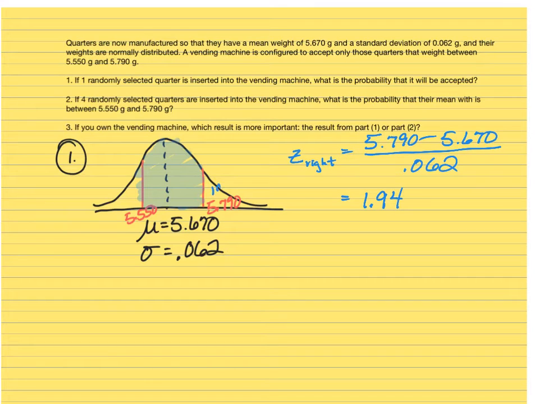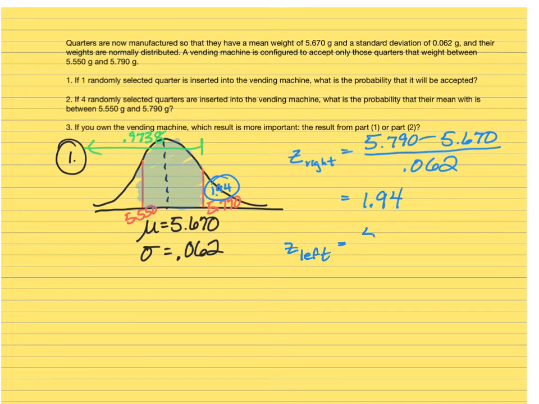Remember, to find areas in between two, you find the area to the left of the right boundary. So we look up 1.94 in our table and we get 0.9738. Okay, so that's the area from here on to the left, 0.9738.